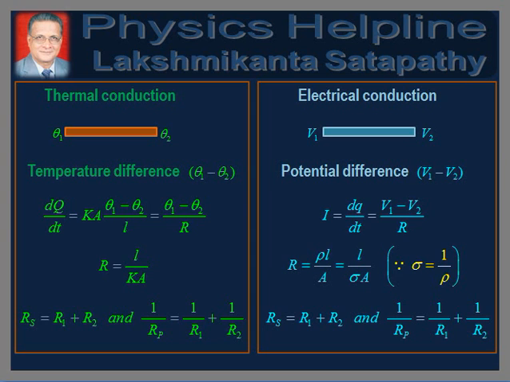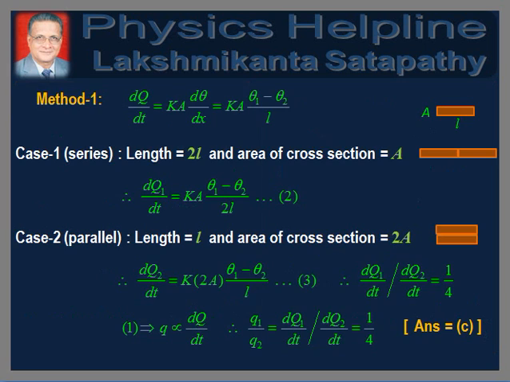Now we are in a position to solve the problem in the question using these concepts. We can solve it by using two methods. Method 1. It is the direct method using the fundamental concept of conduction.